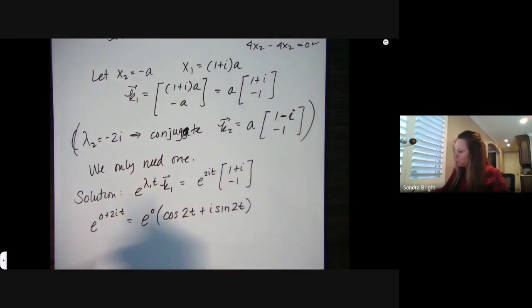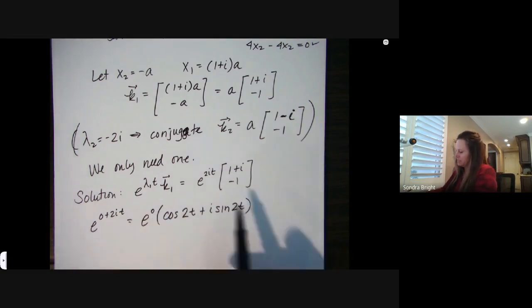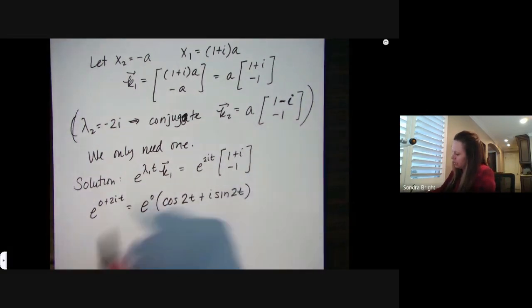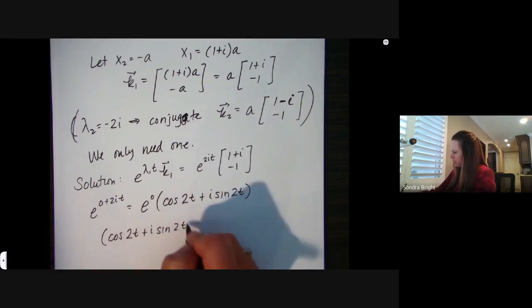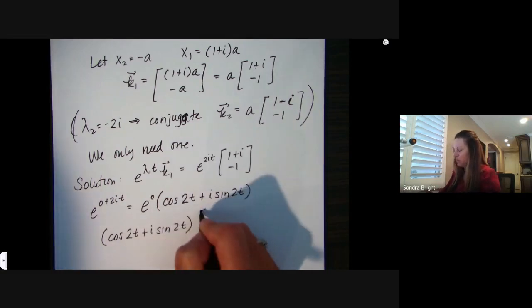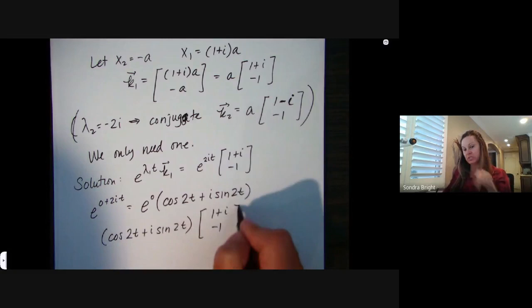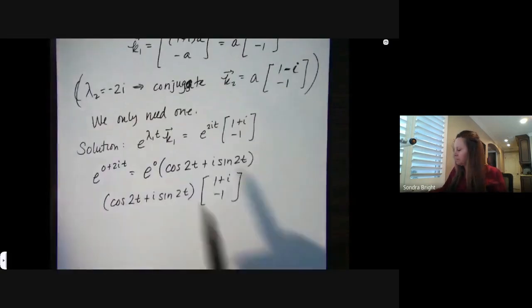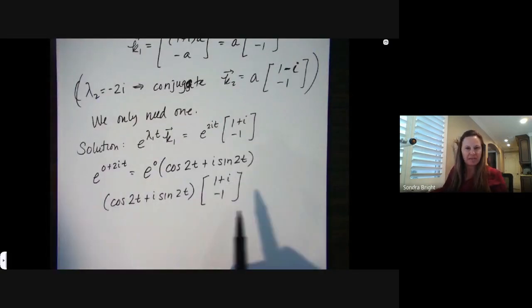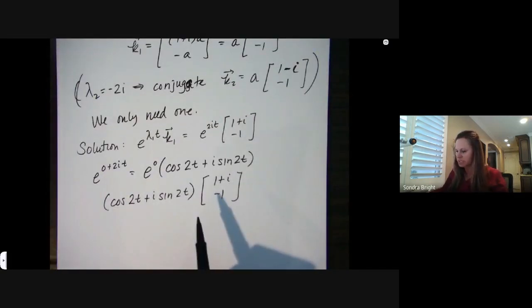And e to the 0 is just 1. So basically our solution is cosine of 2t plus i sine of 2t times this matrix 1 plus i and negative 1. And then we'll distribute those, because we need to find the a plus bi. We want just the real parts and just the imaginary parts of those solutions, and that will give us our answer.